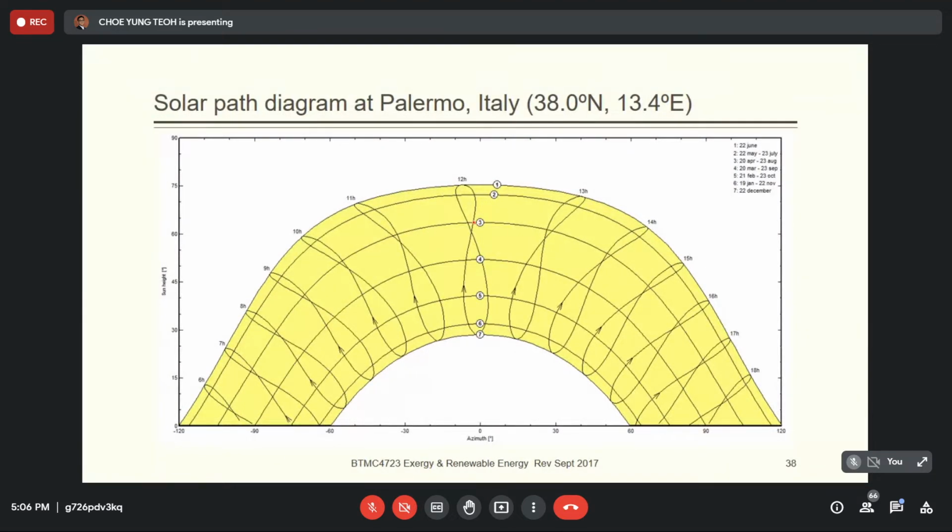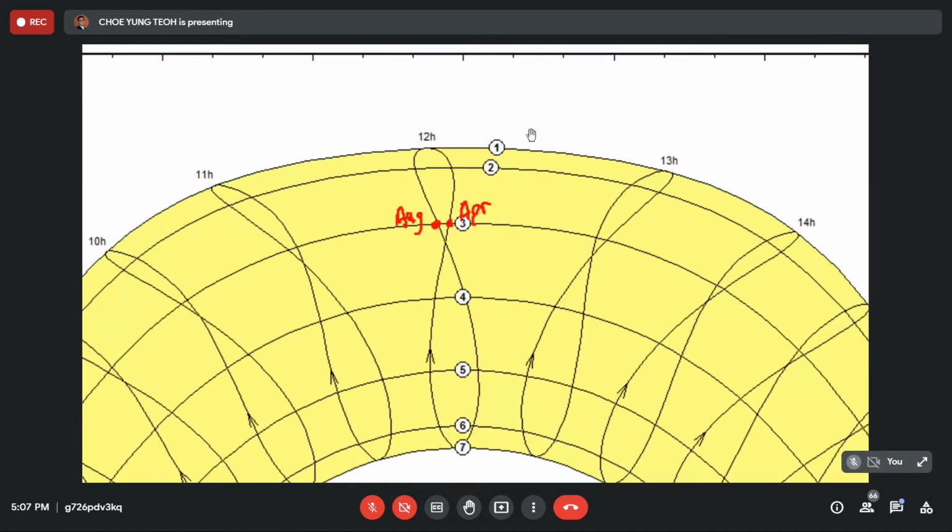Okay, this one is April. And this one is August. Is that okay? Because we start from the bottom, December, January, February, March, April, and then June, May, April, May, June, July, August. And then go to September and repeat again. So we follow the direction of the arrow here.